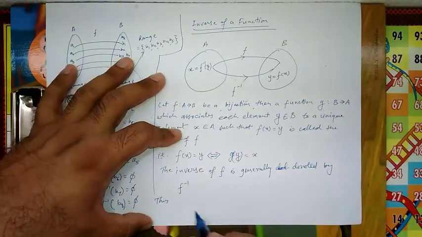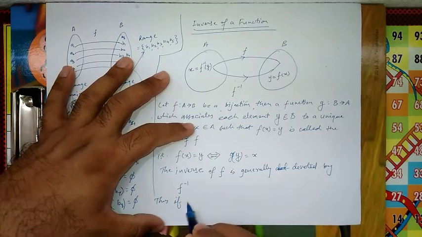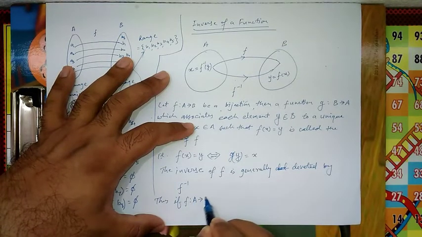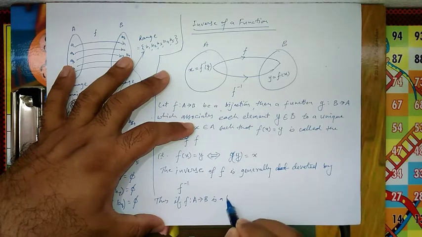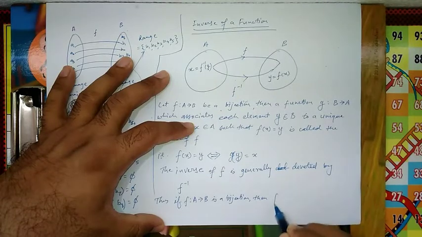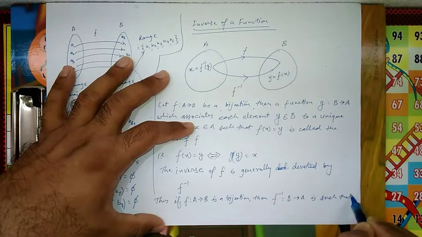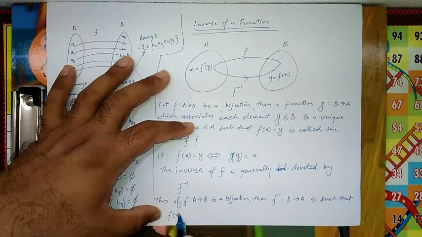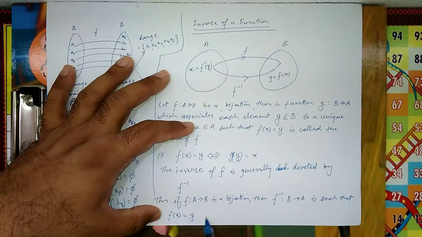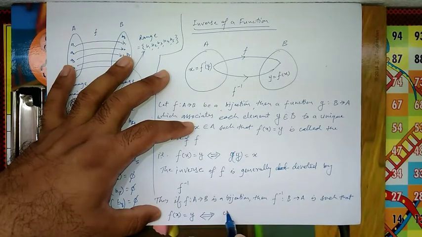Thus we can say, if f is a function from A to B that is a bijection, then f inverse from B to A is such that f of x is equal to y implies f inverse y equal to x.